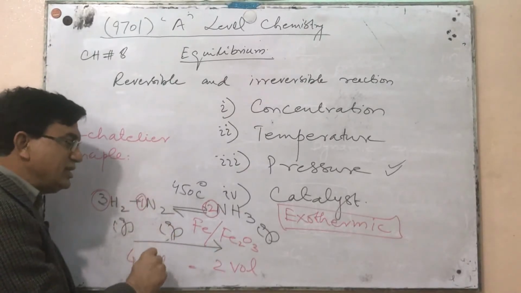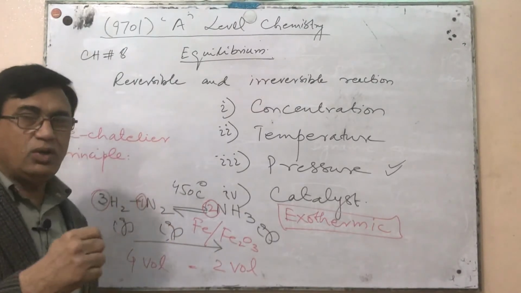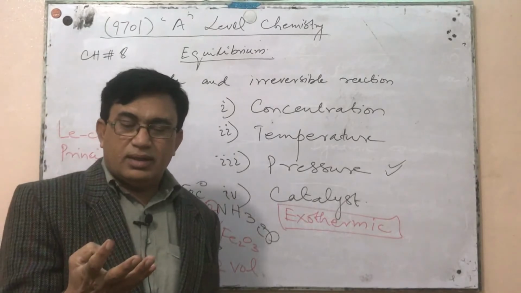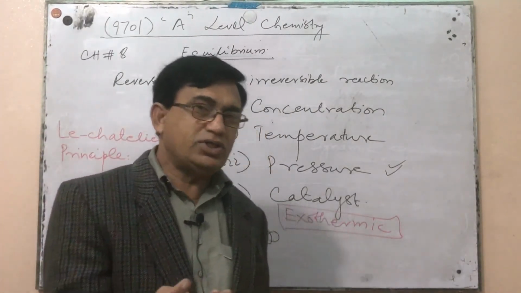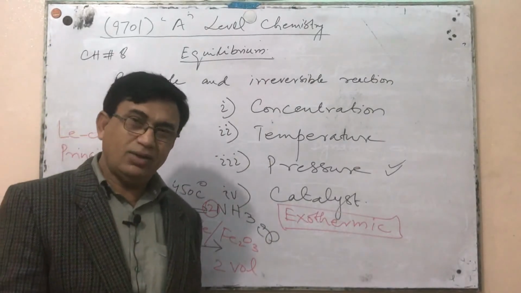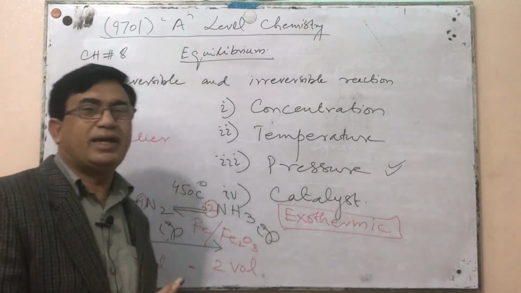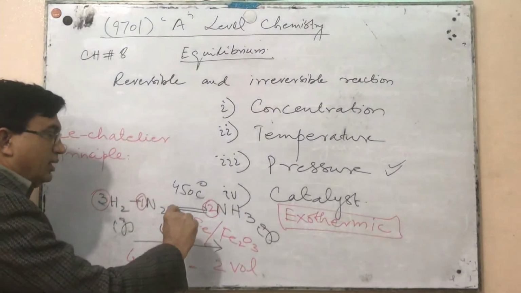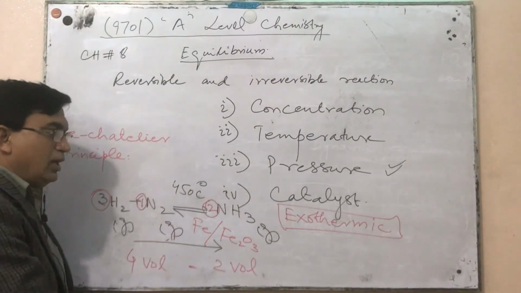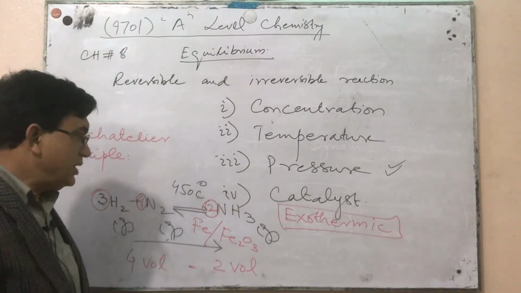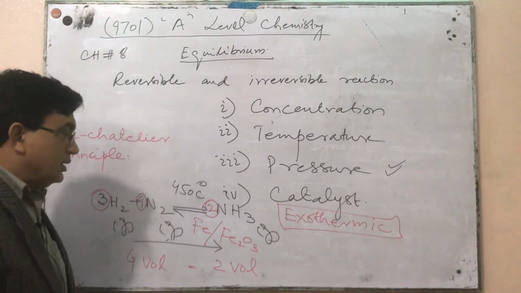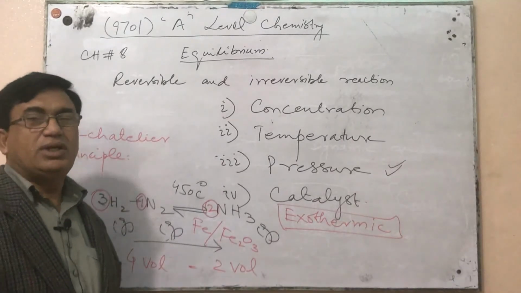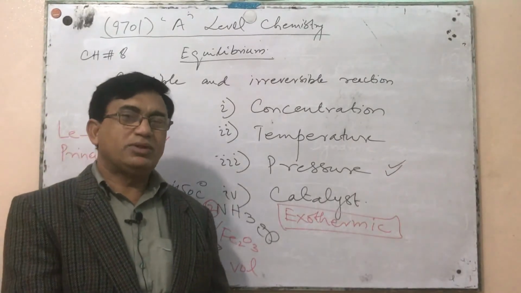It means that the catalyst will only increase the rate of reaction but will never change the quantity of the products or reactants. That's why the establishment of equilibrium becomes much easier and earlier in the presence of a catalyst, but the catalyst will never change the quantities of the substances.